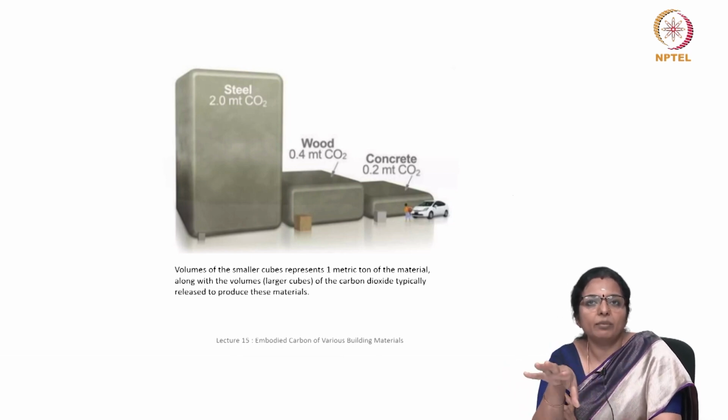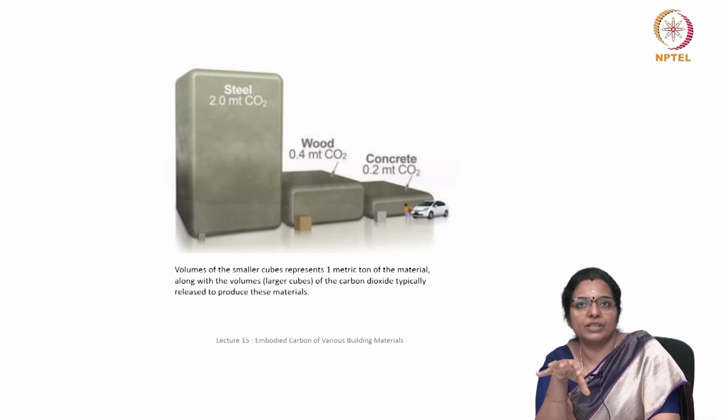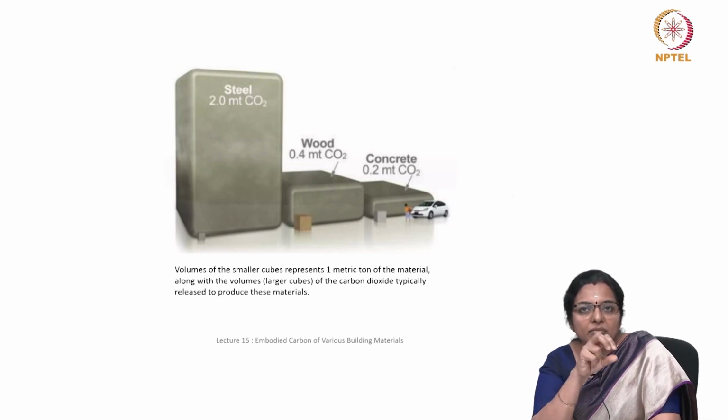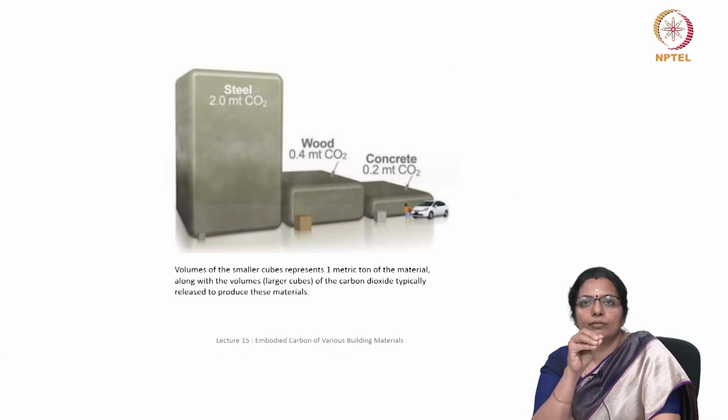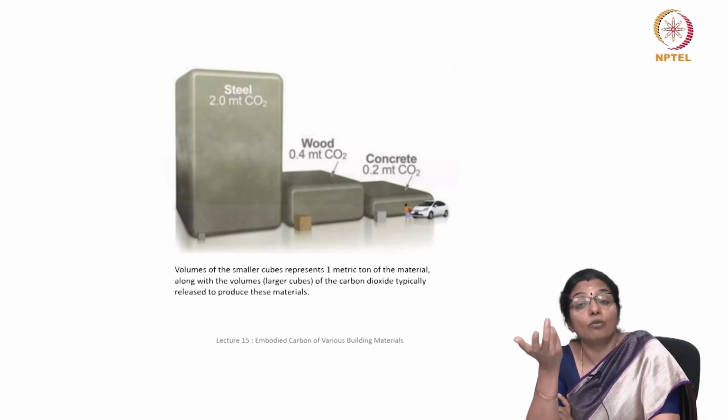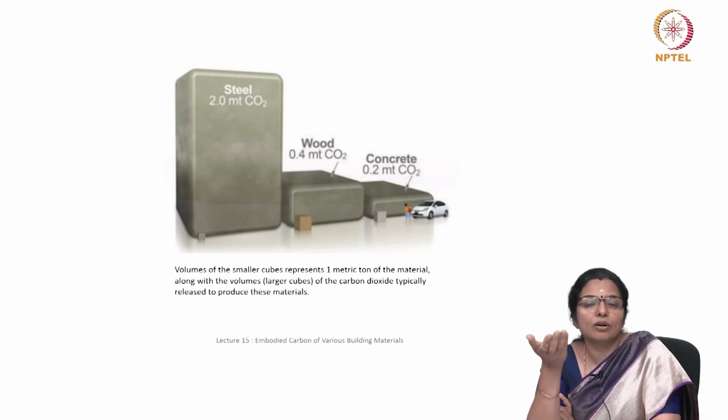Now there are multiple methods of production of steel, but in general steel has a very high value. You can use BOF or electric arc furnaces, as we have already seen in previous classes, and based on the nature of steel, its embodied carbon and carbon emissions during the material manufacture process are very high.